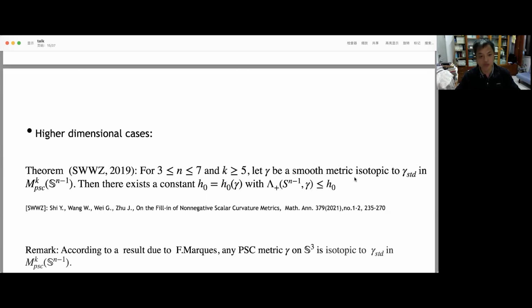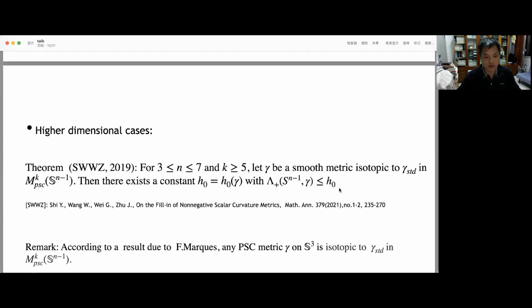Under such a condition, we can show there is a constant depending only on H naught and on gamma, so that the lambda plus of this Riemannian manifold cannot be bigger than H naught.